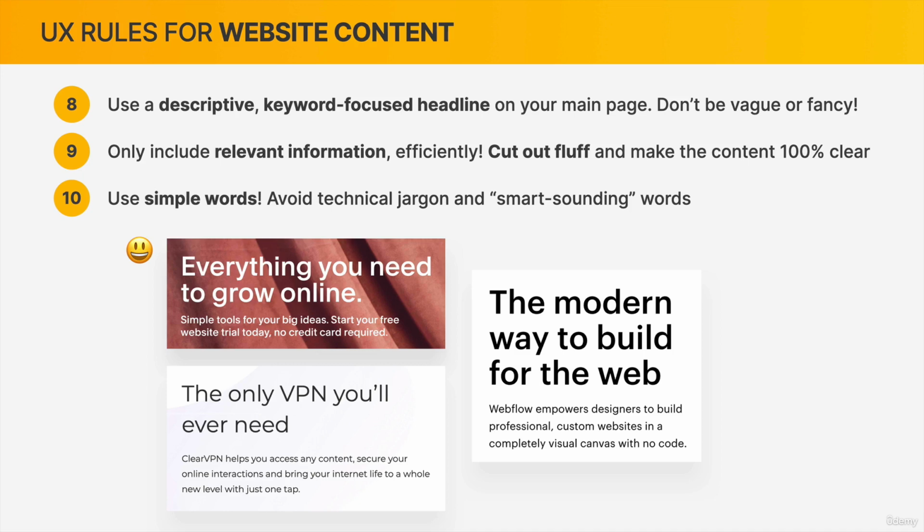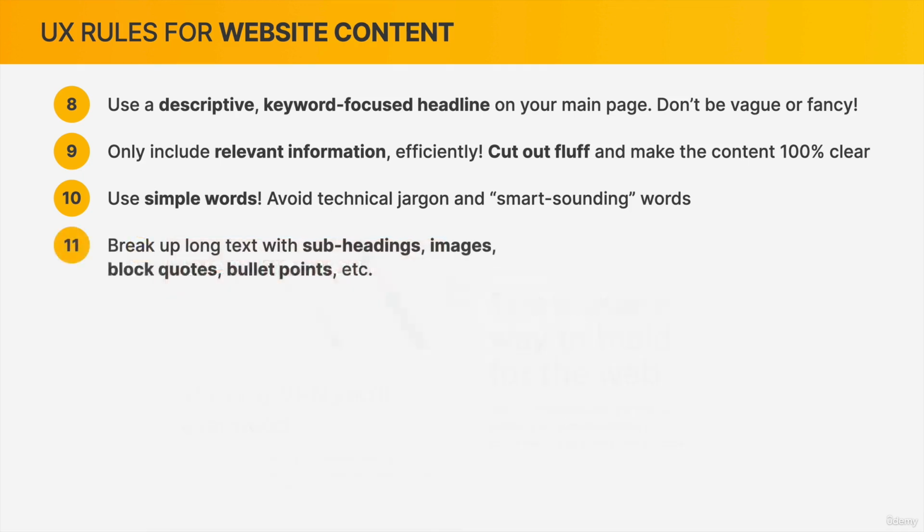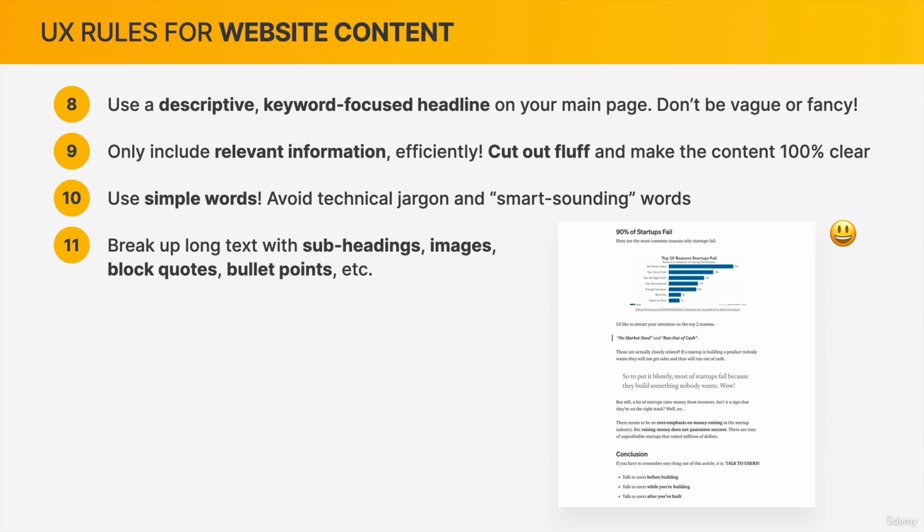And now, finally, because I know that you're probably tired of listening to me, the last one is that if you have a long text, then make sure to break up that long wall of text using subheadings, images, block quotes, bullet points, and other things like that.